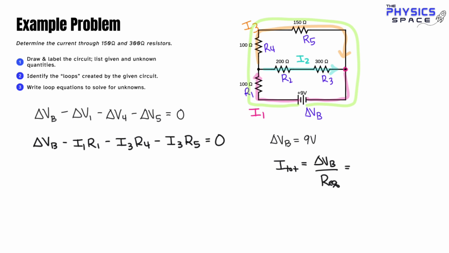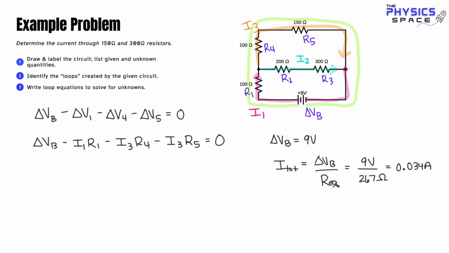So our total resistance for this particular circuit is 267 ohms. Our voltage is 9 volts. So our total current is 0.034 amps. So we'll take this I1 to be known, so that's our 0.034, and I3 is our unknown.